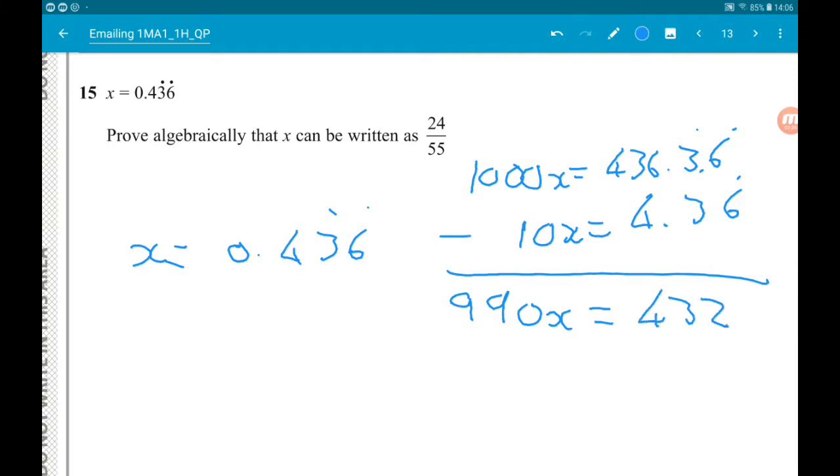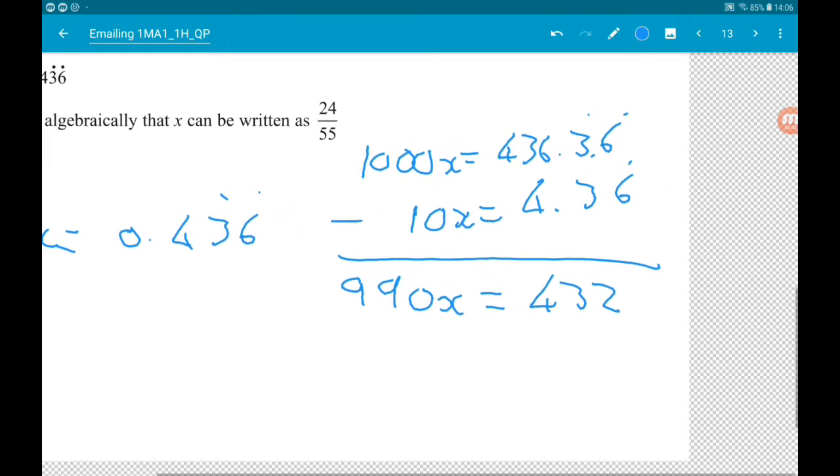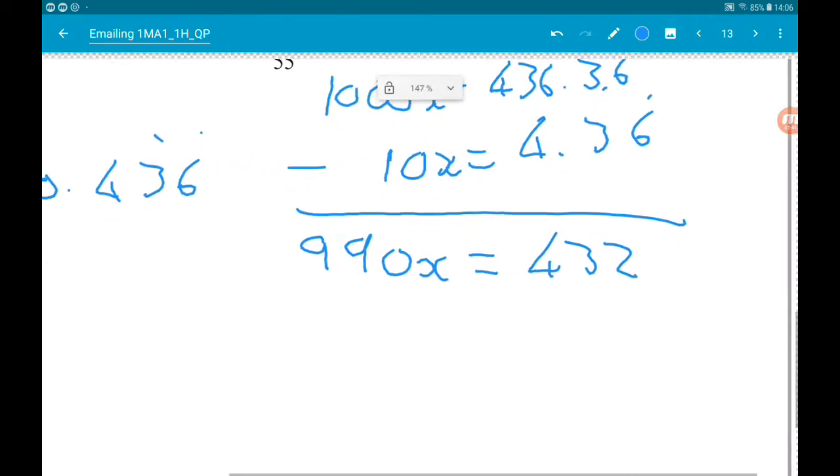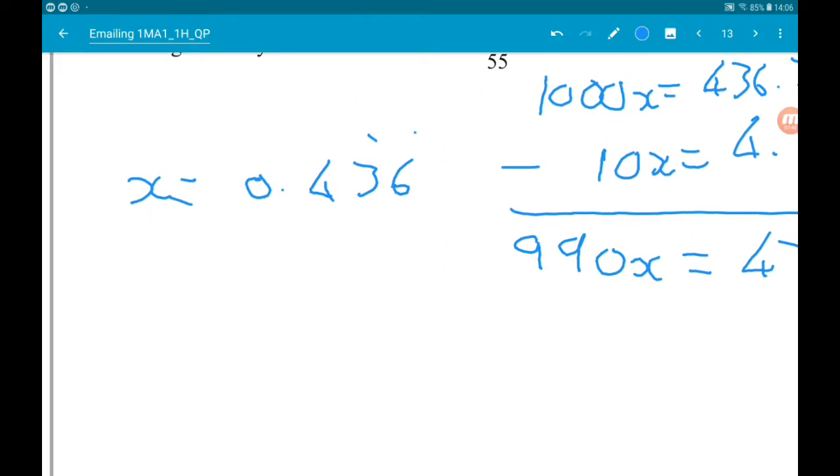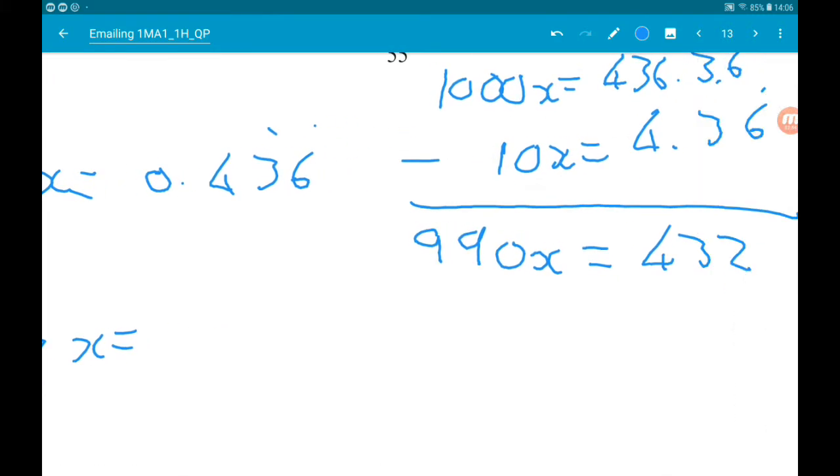So, now to get rid of the 990, we divide by it, so x, let's do it over here. So x is 432 divided by 990.